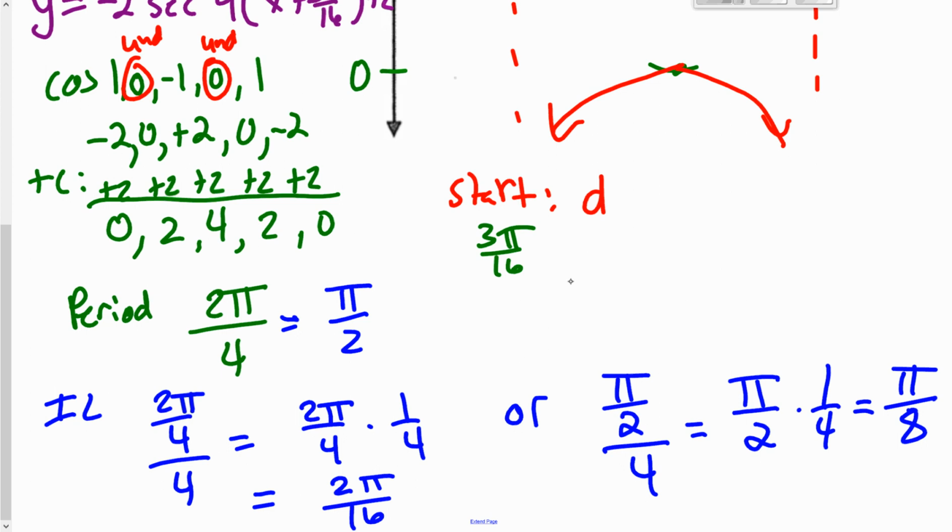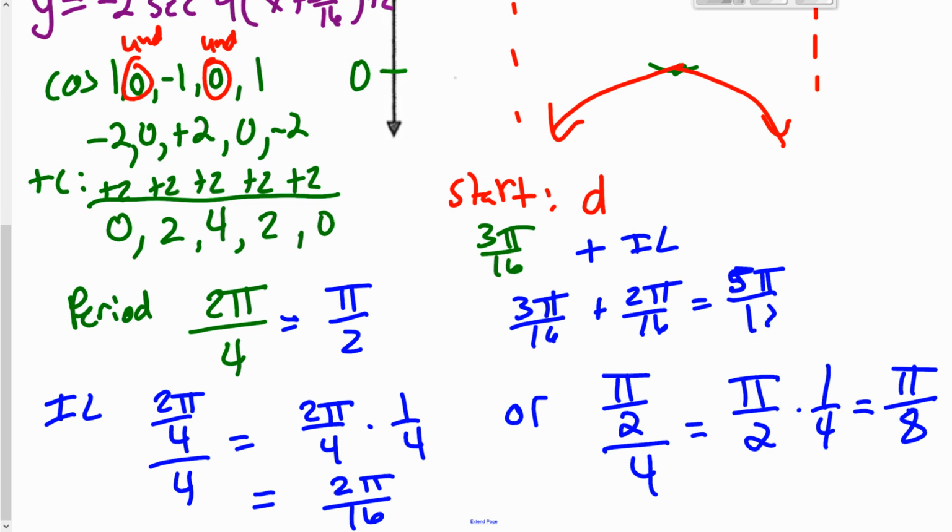Okay, so now I'm going to add my interval length. So 3 pi over 16 plus 2 pi over 16 equals 5 pi over 16. It's a beautiful looking 5. Nope, it's starting to get sloppy.